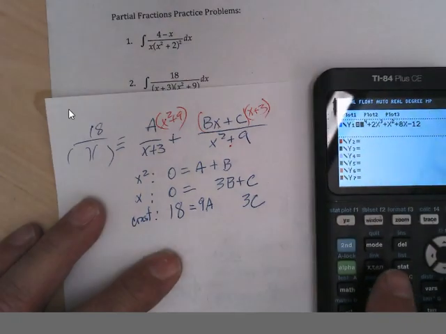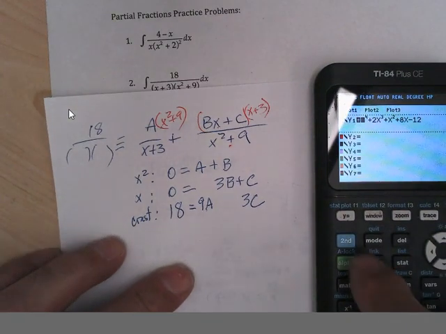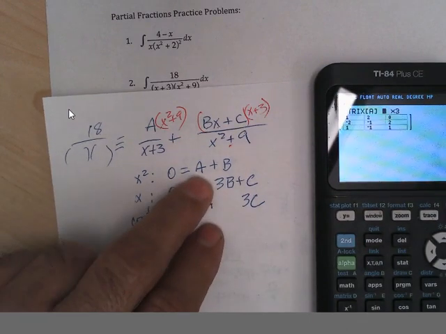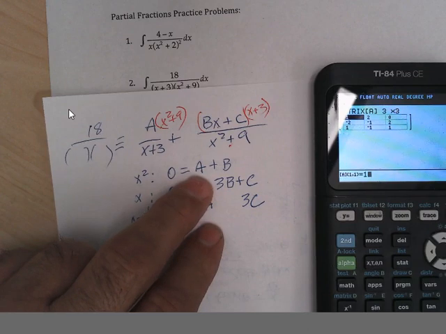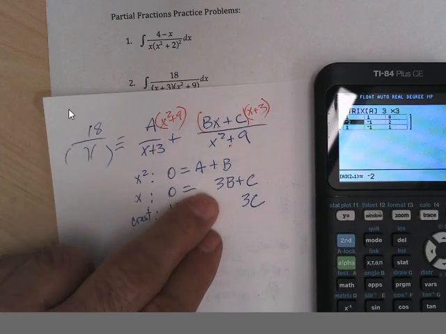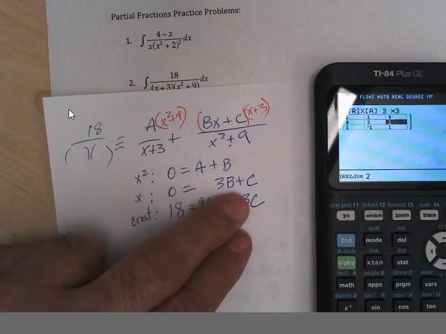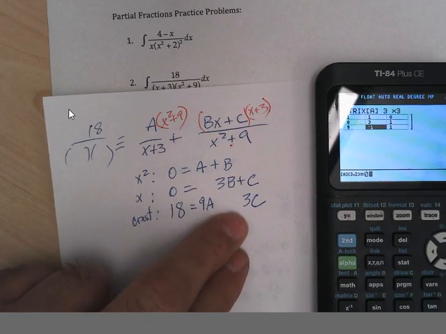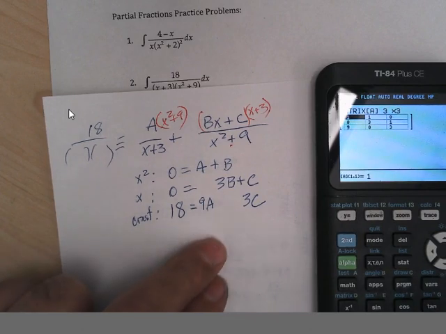So I'm going to do, let's see, there we go. That'll work. Second matrix, edit A, 3 by 3, 1 enter, 1 enter, 0 enter, 0 enter, 3 enter, 1 enter, 9 enter, 0 enter, 3 enter.